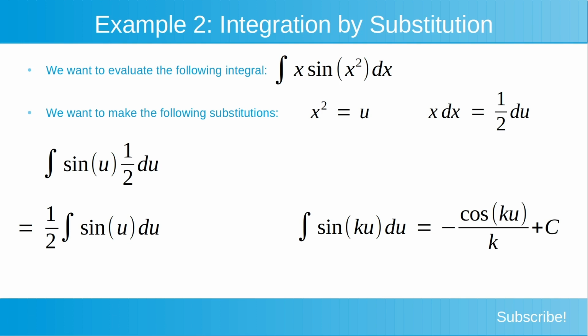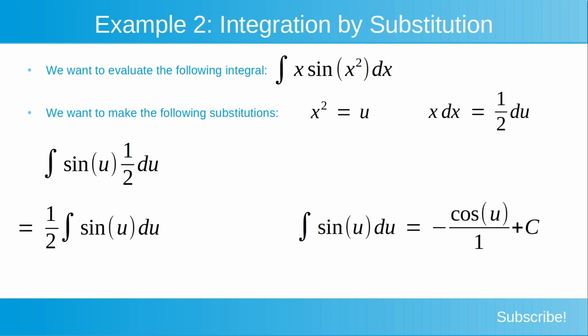In our example at the left hand side of the screen, our value of k is equal to 1. So when we make that change to our formula at the right hand side of the screen, we set k equal to 1, and we get the indefinite integral of sine 1u du is equal to minus cos 1u divided by 1 plus c. 1 times a variable is equal to a variable, so we can change the 1u terms to u.